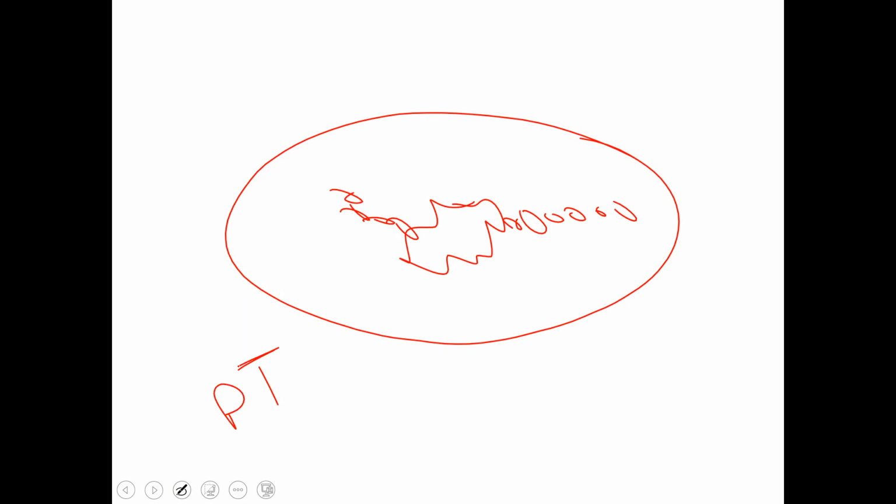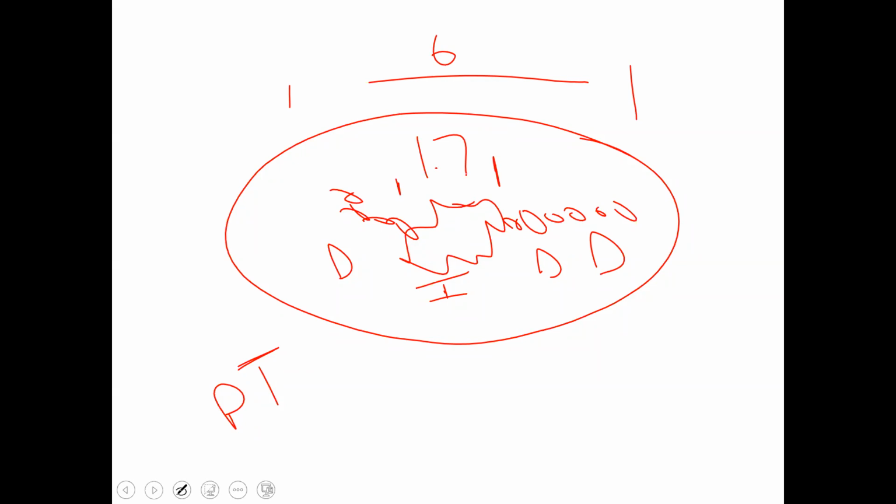For example, if this is DCIS, this is invasion, this is DCIS, and this entire thing measures 6 centimeters, but the invasive part only measures 1.7 centimeters, we don't care about 6 centimeters. We care about 1.7 centimeters because the staging is based on the invasion.